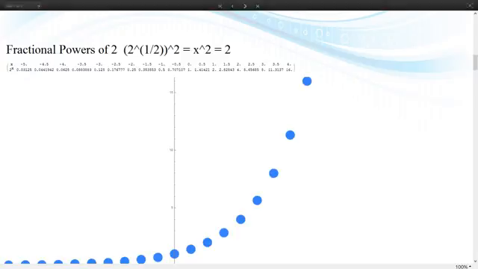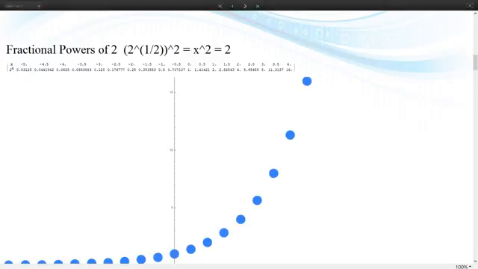So this leads us to think that fractional exponents should be just roots. So a 1/2 power, that's 1 over 2, we should have a square root for our 1/2 power. 2 to the 1/2 is the same as the square root of 2.